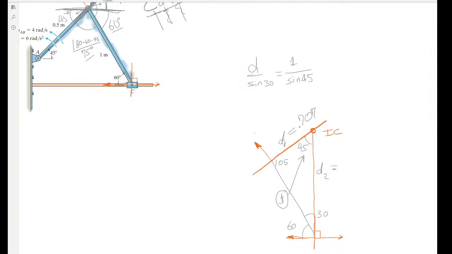Now, D2. The drawing over there says it's 1.3 something. So D2 is directly across from 105.